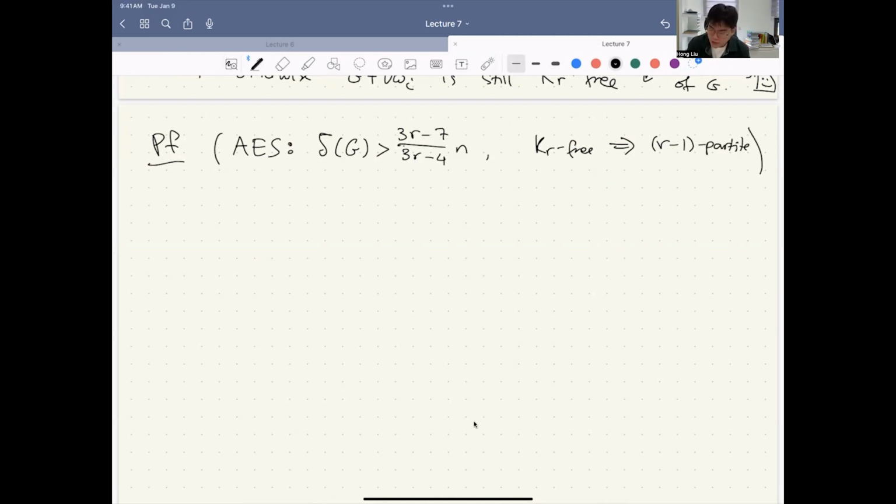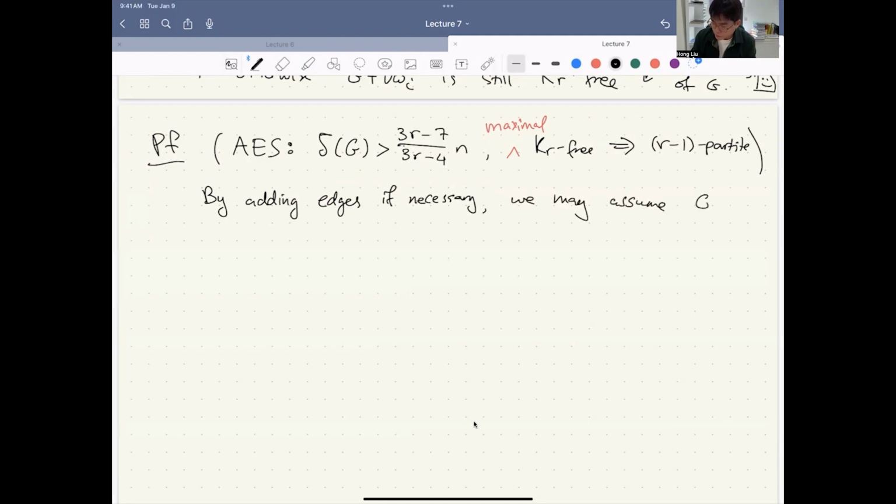Okay, so actually we may assume G itself is maximal KR free by adding edges, because that does not harm this minimum degree condition. You can only increase minimum degree. So by adding edges, if necessary, we may assume G is maximal KR free.